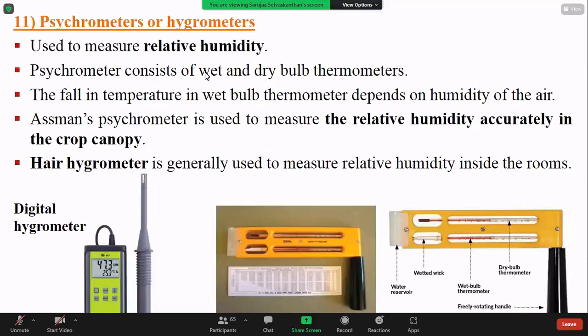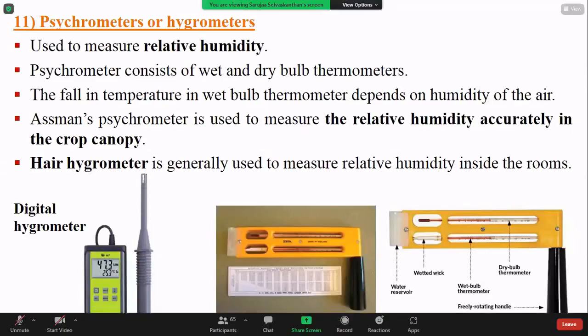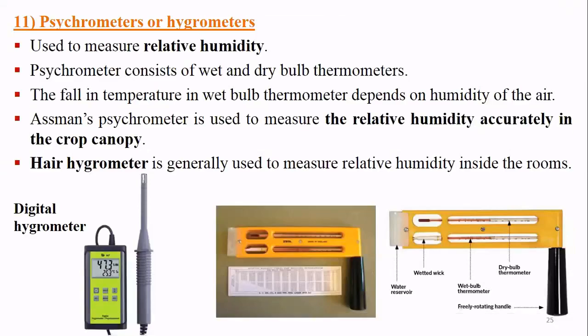Wet bulb and dry bulb thermometer. For example, if it is 26 in the dry bulb and 20 in the wet bulb, the reduction is the difference between the wet and dry bulb temperature. There will be a chart in the meteorological station where the x-axis is the difference and the y-axis is the dry bulb temperature.